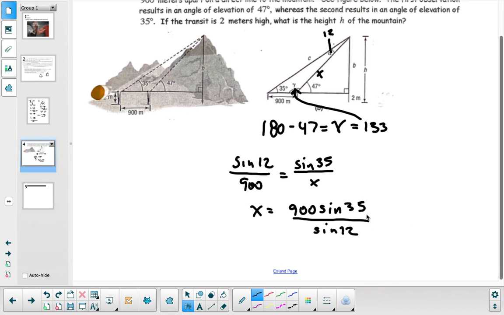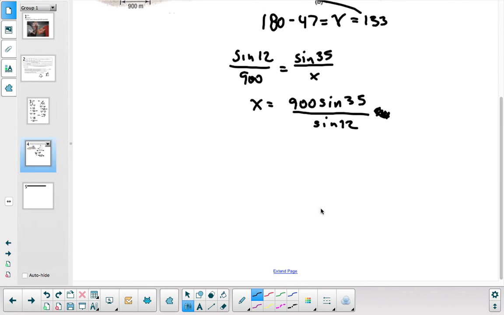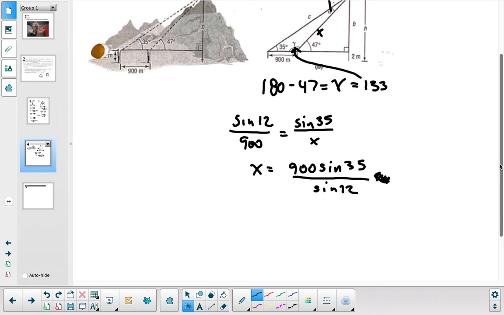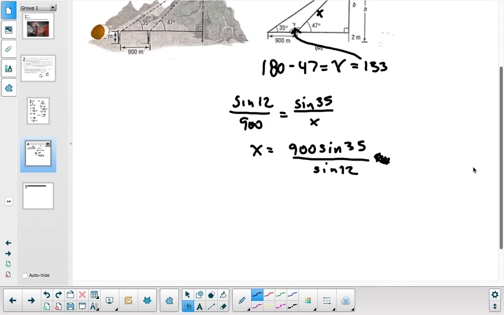We don't need to know the approximation yet. I did not come up with an approximation, so it's not important at all. But if you wanted to, you could type that in and figure out what that length is. But it doesn't help you solve the problem. It might just help you figure out if B makes sense. But we're going to use this.